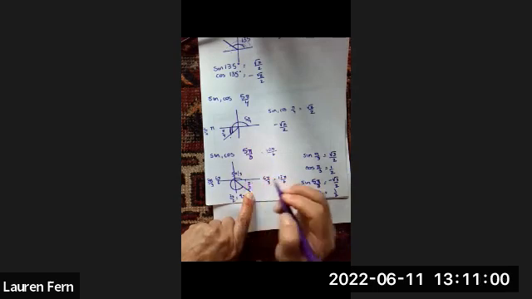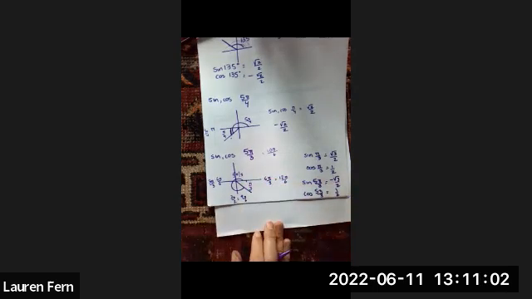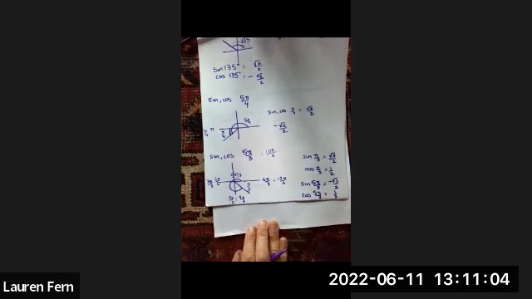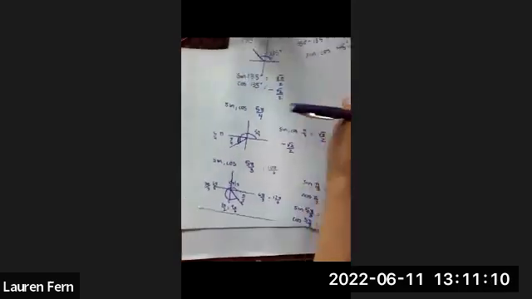But in my fourth quadrant, my x value is positive. So I get positive 1/2. Again, I know this seems like a lot. It takes practice. So I just can't recommend it enough that you really just need to practice these things.